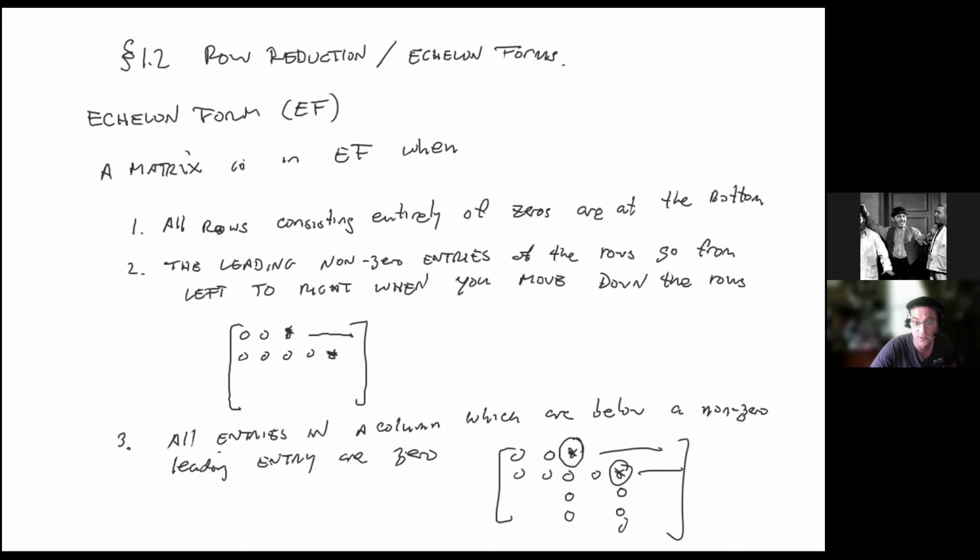Okay, so we just made a description or a definition of what it means to be in echelon form. There's an additional type of form, something above and beyond echelon form, called reduced echelon form, which in most cases is more convenient.